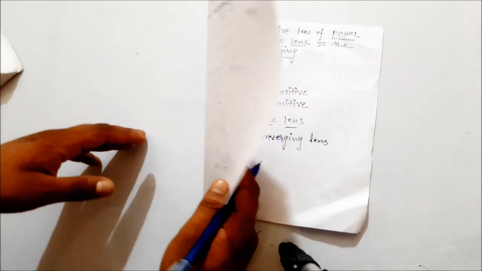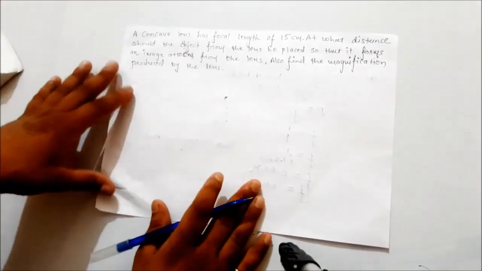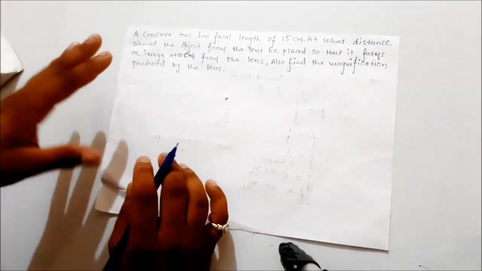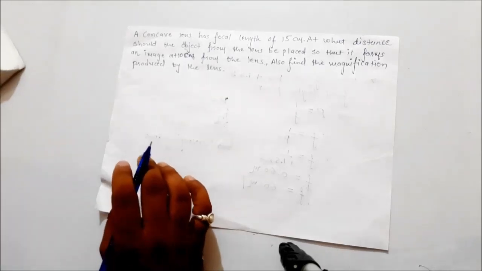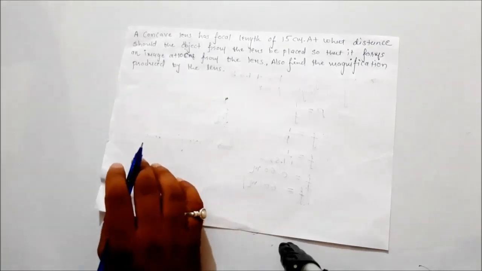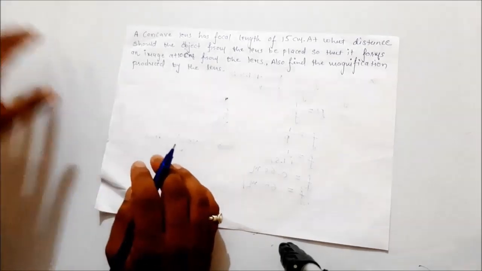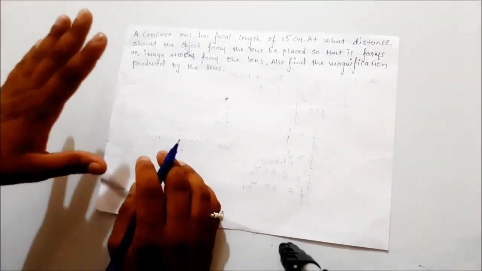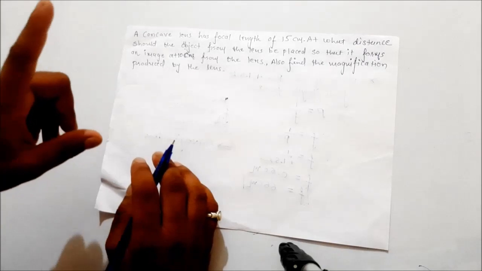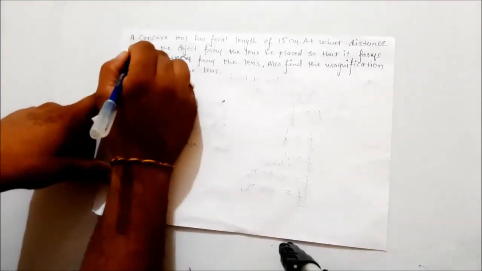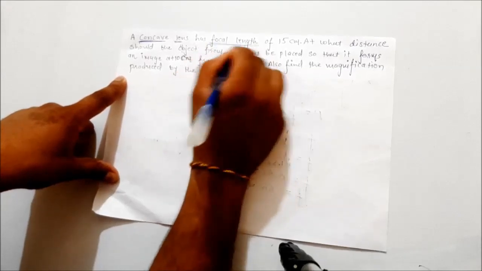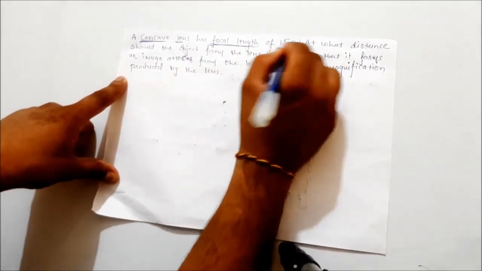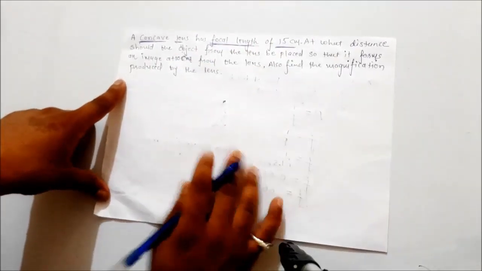Now let's go for another sum. See, here we have another sum. According to this sum, a concave lens has a focal length of 15 centimeter. We are having a concave lens, right? So keep this in our mind. Concave lens, focal length is given to us. Focal length is 15 centimeter.